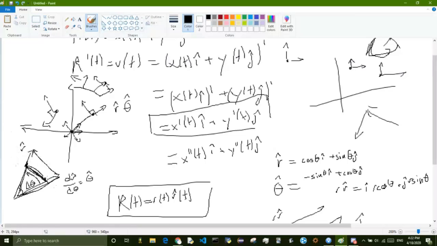So when you let the limit go to 0, this vector not only points in the same direction as theta hat, it's also tangent.